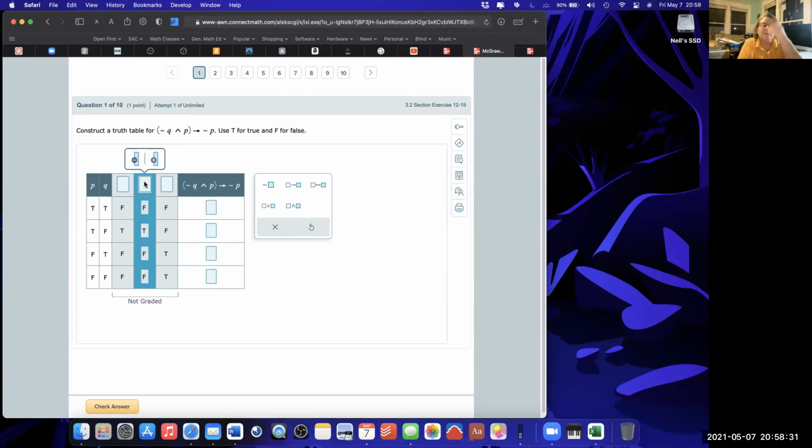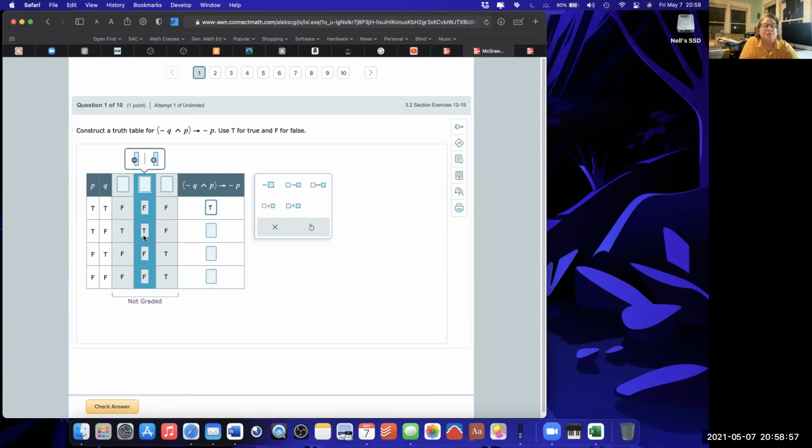With implies, with the arrow, if the beginning part is true, then the final part has to be true. But if the beginning part is false, the answer is true vacuously. So here we're assuming false. That means the outcome is true.